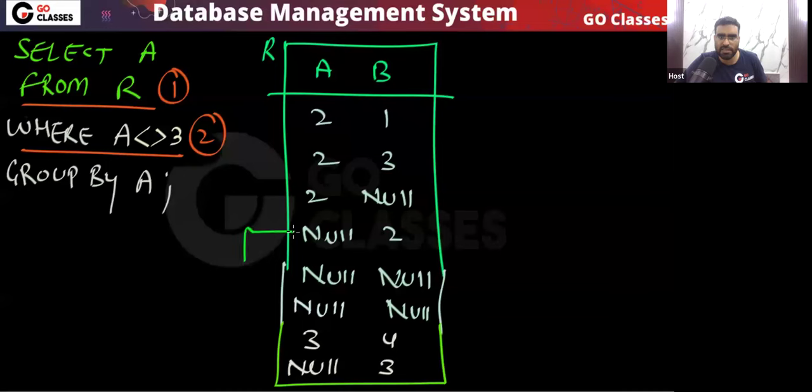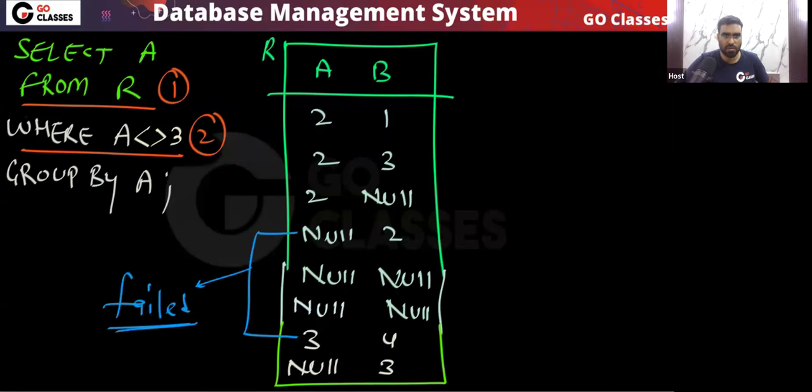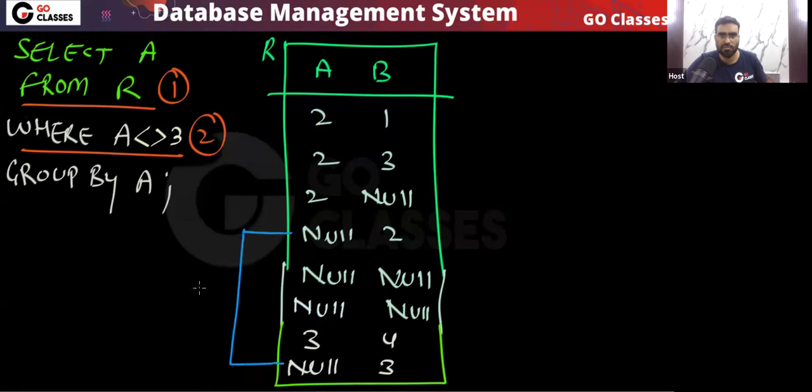So you can see these tuples are gone. These failed. Yes or no? All of these actually failed.